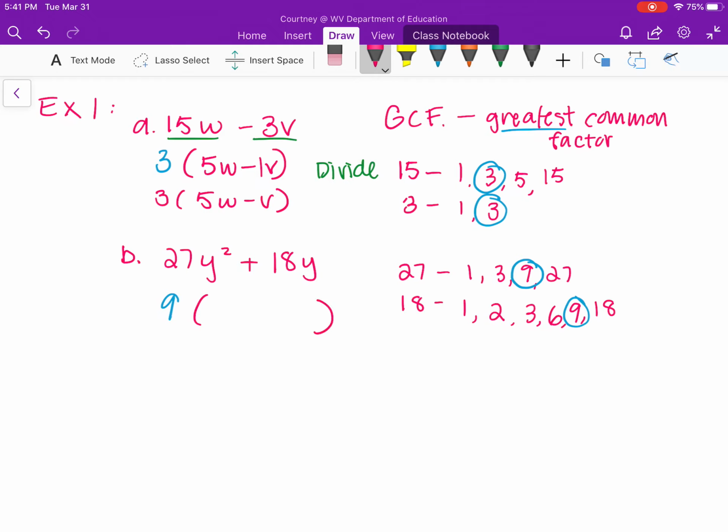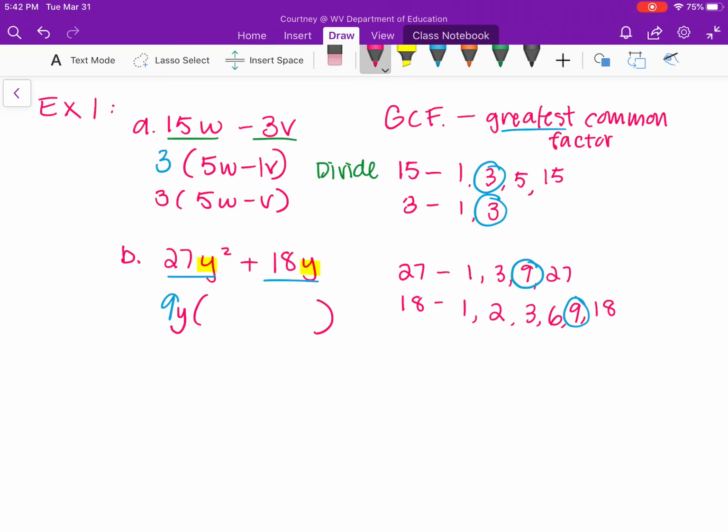Before we go to the inside, is there anything else that these two things have in common? What do they both have next to them? They both have a y. So outside, the y is going to join the 9. So basically, 9y is what these two things have in common.